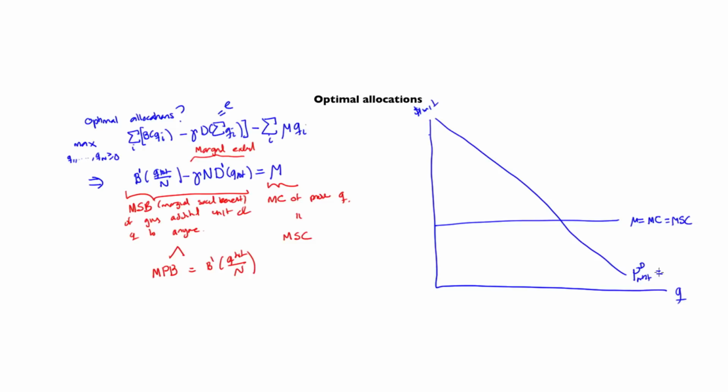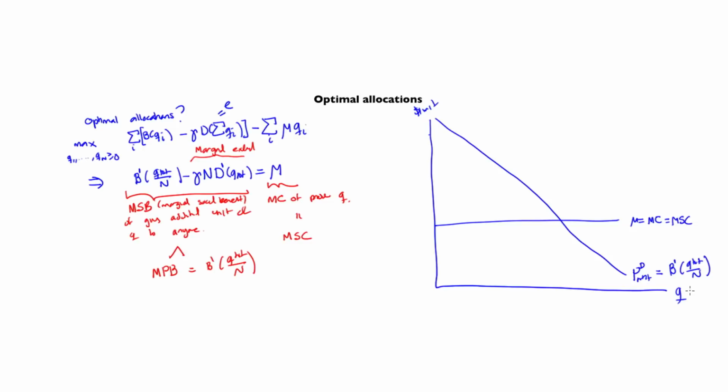And notice that this function can be written as B prime of Q total divided by N. Why is that? Because we knew that this was the aggregate marginal benefit of consumption. What is the increase to the group of giving it an additional unit when it's distributed optimally? But because everybody is identical, that unit gets distributed identically to everyone, so everybody gets 1/N of the extra unit.